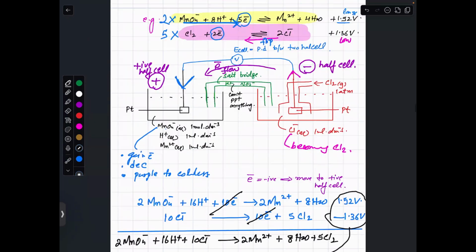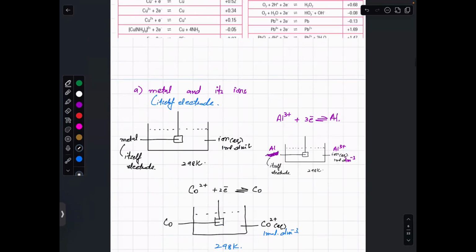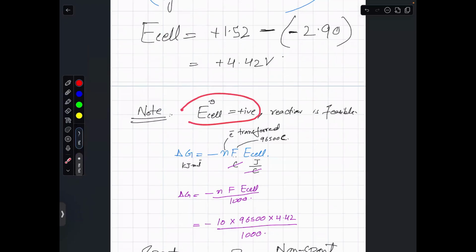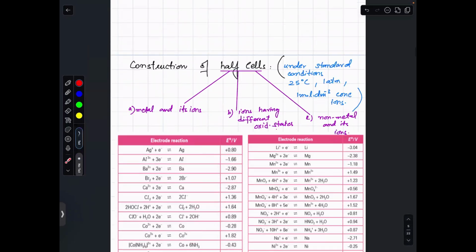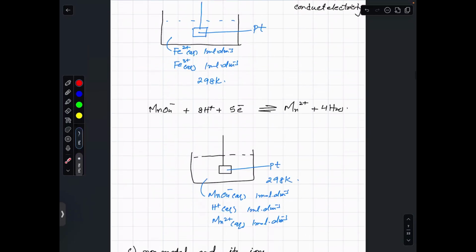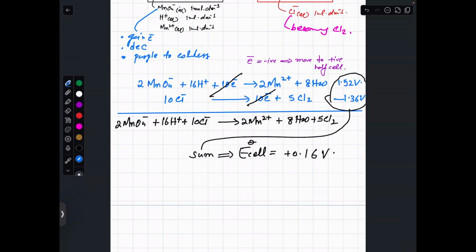Can we calculate delta G? If the E cell is positive, the reaction is feasible. From the E cell, can I calculate the delta G? Of course. I know the E cell for that. So delta G, just for practice, okay? Delta G is equal to minus nFE cell. What is n?